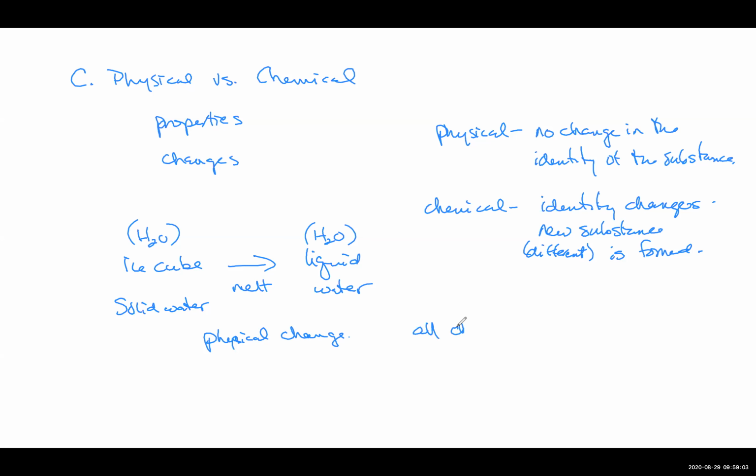All changes in states of matter are physical for any given substance, because it's never changing what this thing is, it's just changing how far apart the particles are and how they're moving. So that would be an example of a physical change.